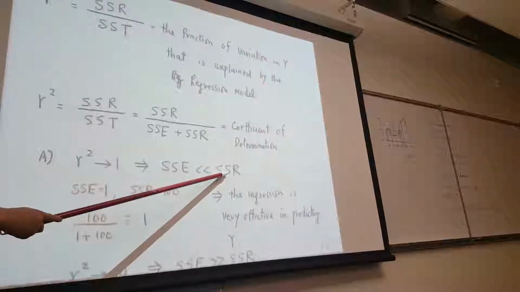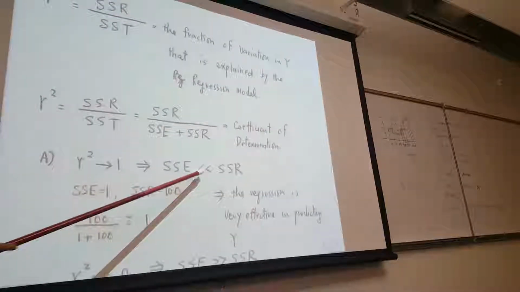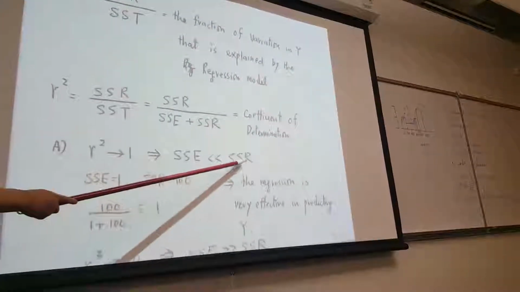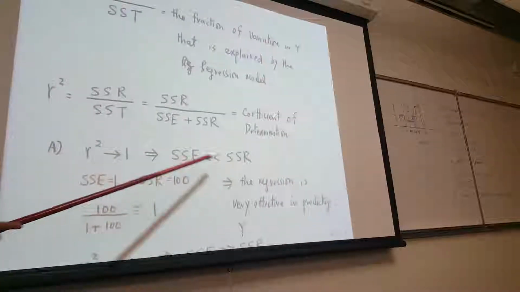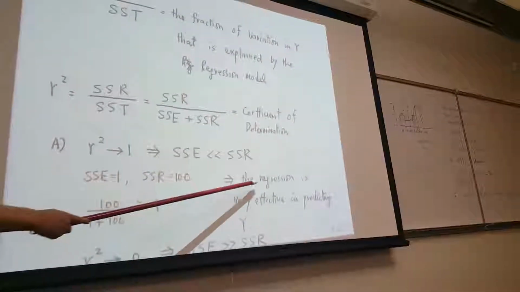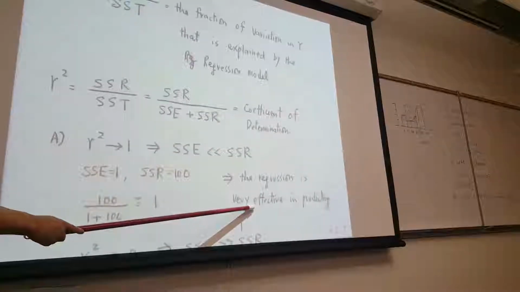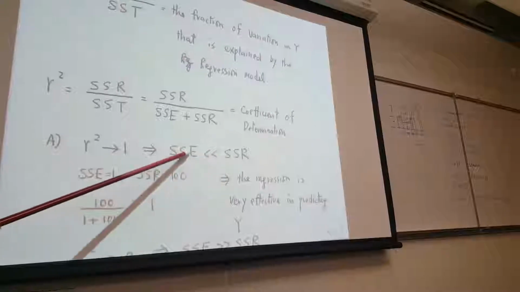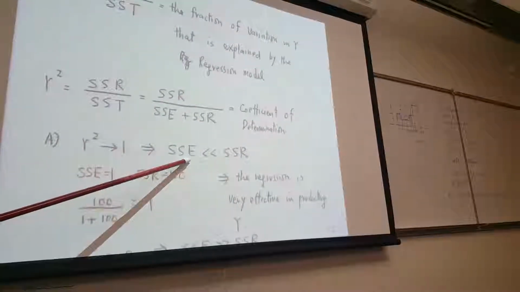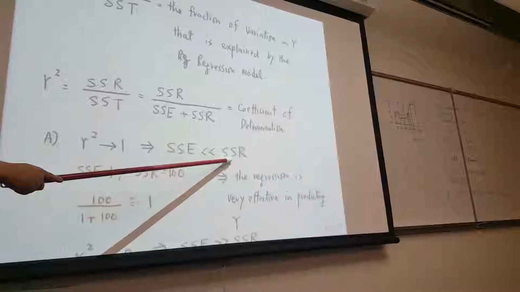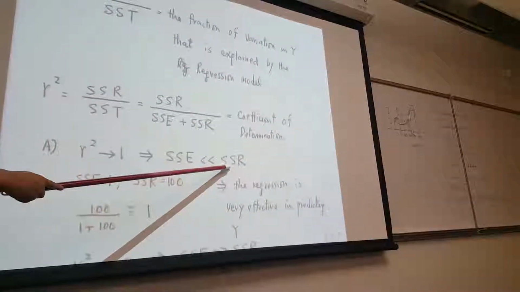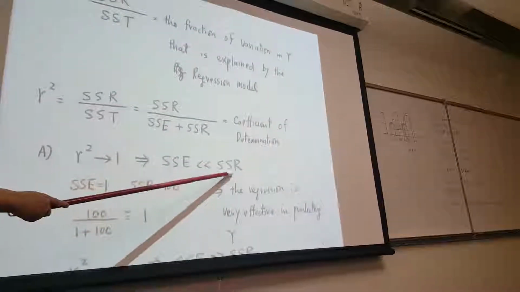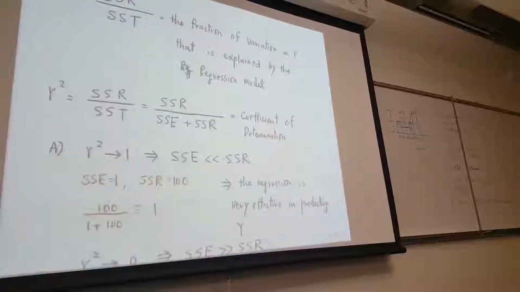When the part explained by the regression model is much, much bigger than the part not explained, when this term dominates this term, what can you say? You say the regression is very effective in predicting. That means the regression model does a good job in predicting. It can explain most of the variation in y. Okay? Now, look at the next one.